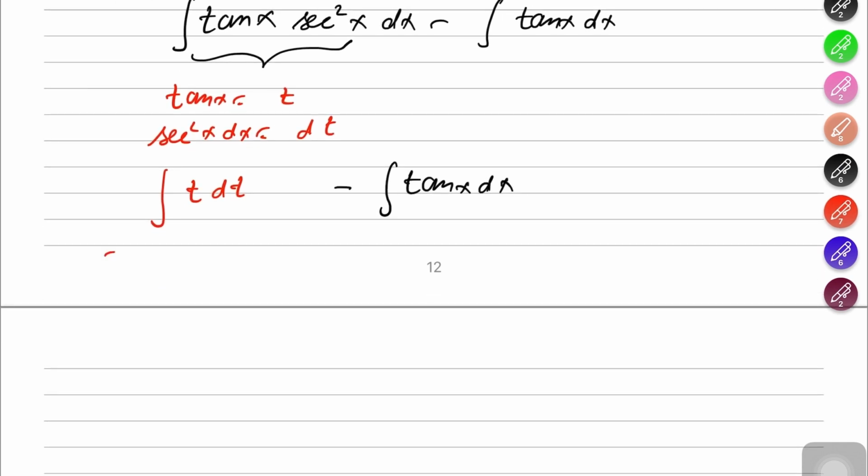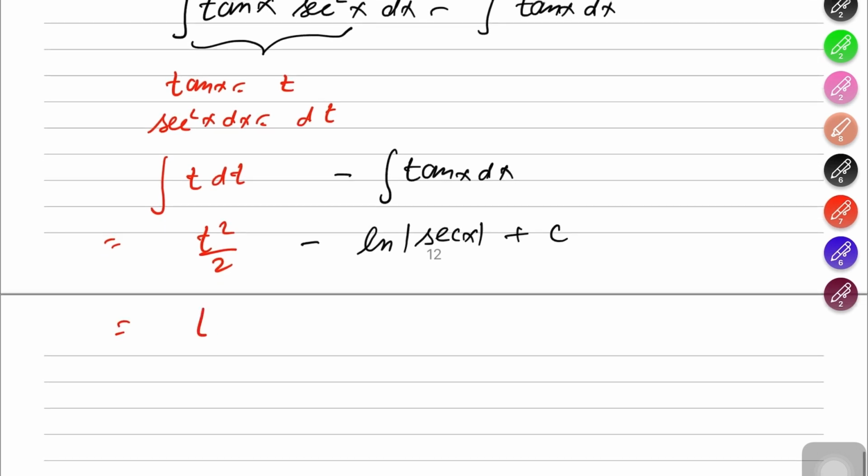The integration of the first part is t square by 2, and the integration of tan x, which we have done previously, is ln mod of sec x plus constant. Now we substitute the value of t square, which means tan square x upon 2, minus ln sec x, plus constant.